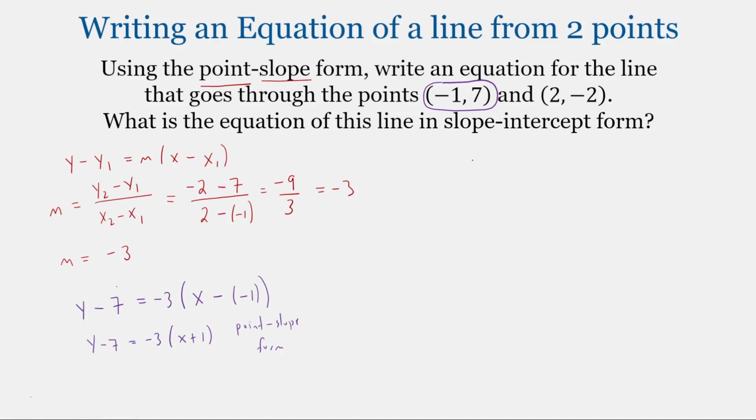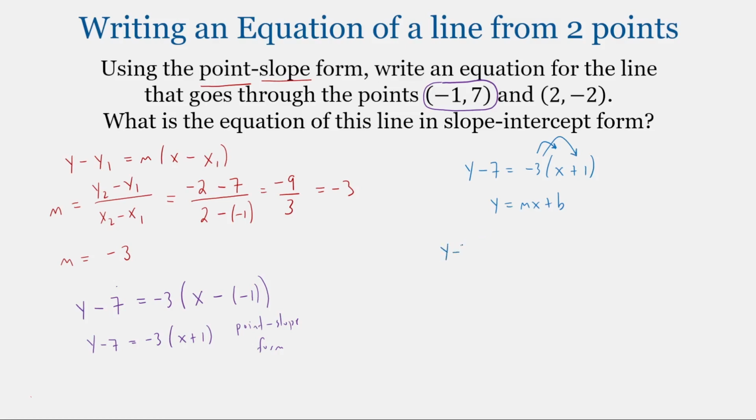Now we're going to convert this to slope-intercept. So I'm going to rewrite the equation. We have y minus 7 equal to -3 times (x plus 1). And we want to write this in slope-intercept form. So that's y equal to mx plus b. So the first thing we're going to do is use that distributive property and multiply that negative 3 times the quantity x plus 1.